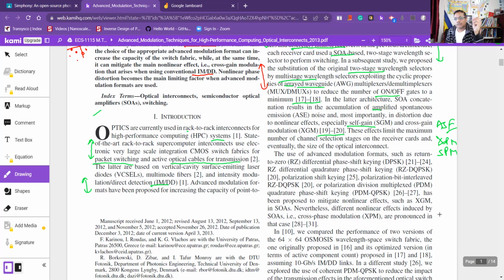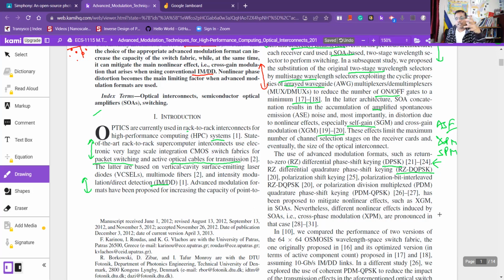The use of advanced modulation formats such as return to zero, that is RZ, differential phase shift key, DPSK, which is given in articles 21 to 24. RZ differential quadrature phase shift key is here. This one is differential phase shift key, this is differential quadrature phase shift key, which is given in 20.